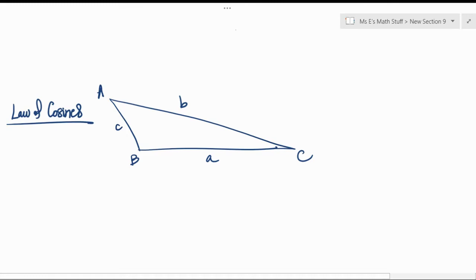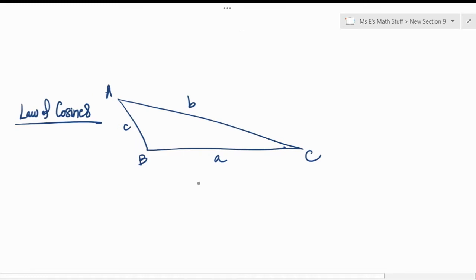Okay. So the law of cosines, the one that I find easiest to remember, starts with length c here. And the reason I find it easiest to remember is because at the beginning, it looks exactly like the good old-fashioned Pythagorean theorem. It says c squared equals a squared plus b squared. But I think we all know that if this is not a right triangle, which it isn't, then that cannot be the end of the story, right? So we're going to see some error being subtracted off.